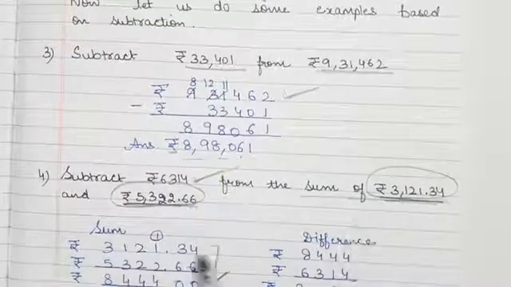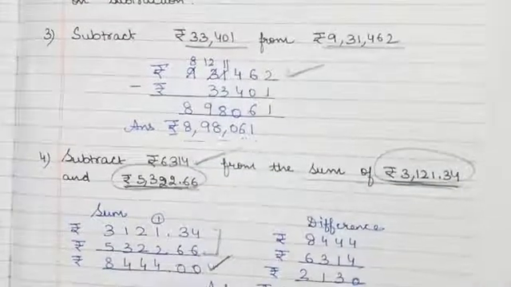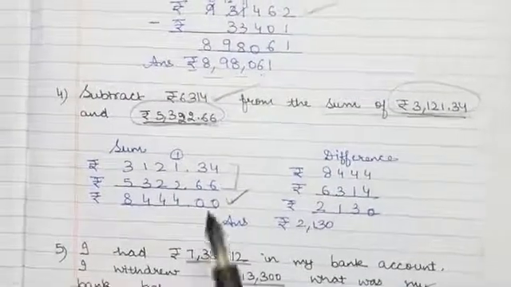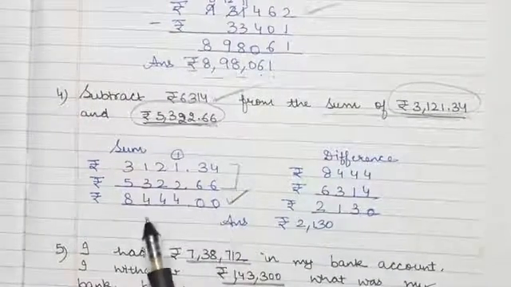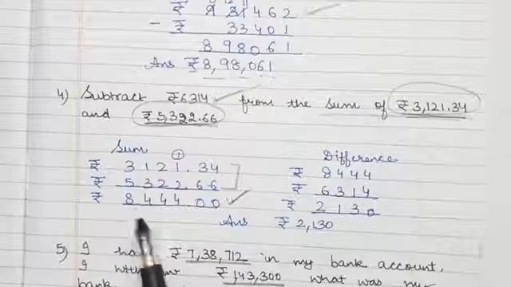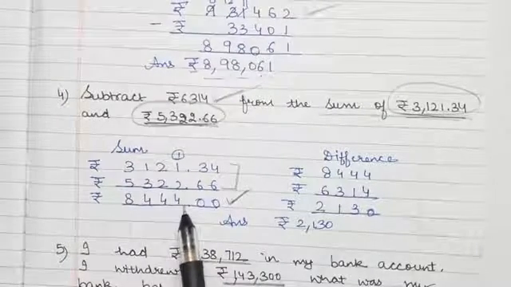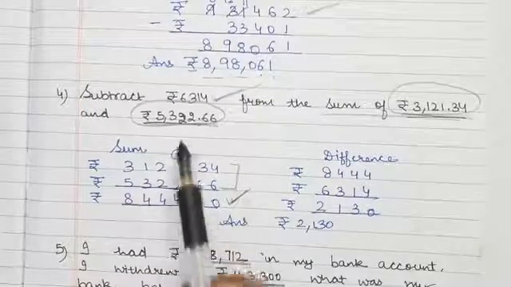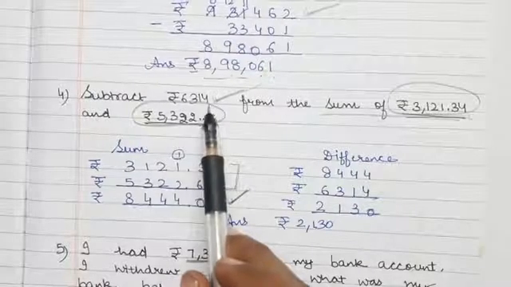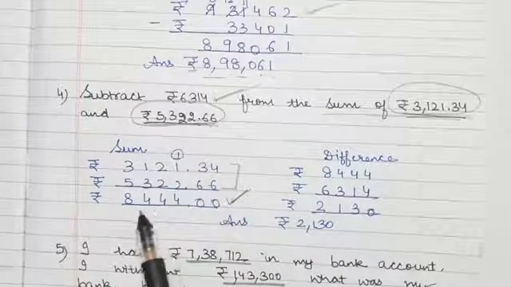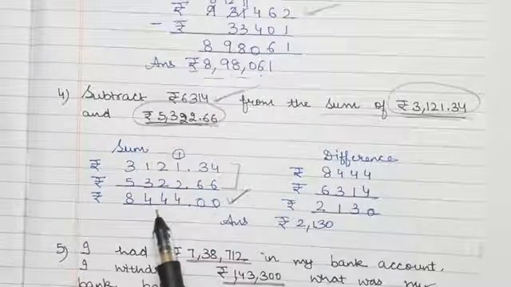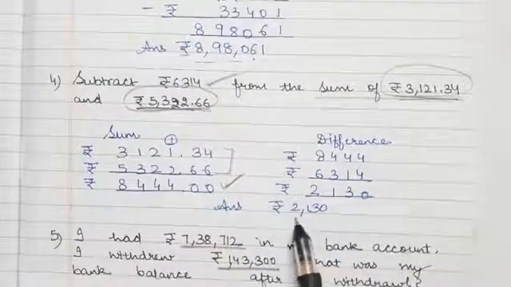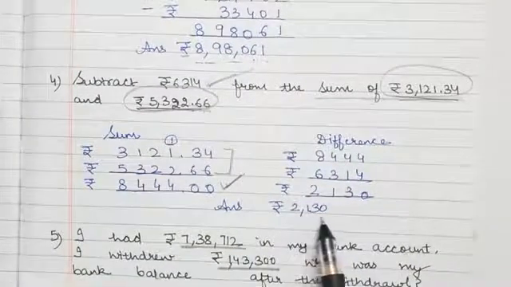Means first of all, we have to find out the simple addition. Clear? And what we get? We get 8,444. And then we have subtracted 6,314 from 8,444. Clear? So what we get? 2,130.